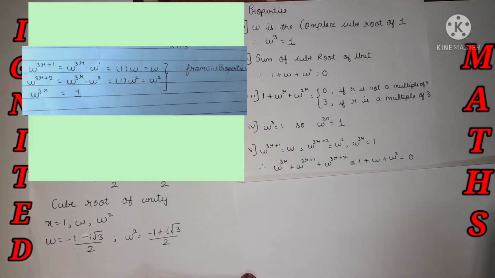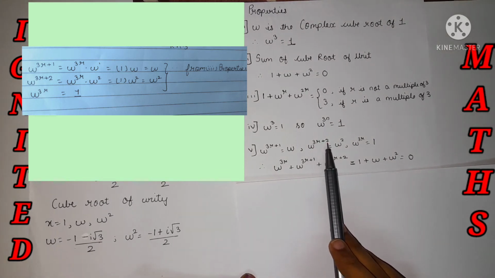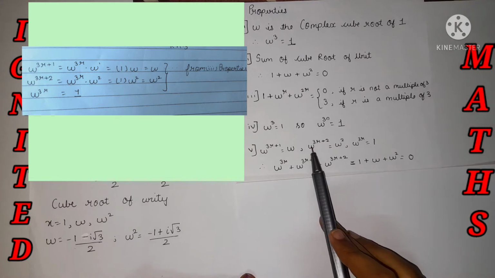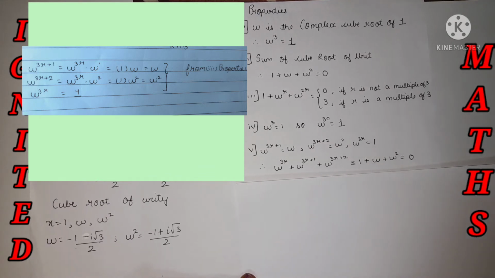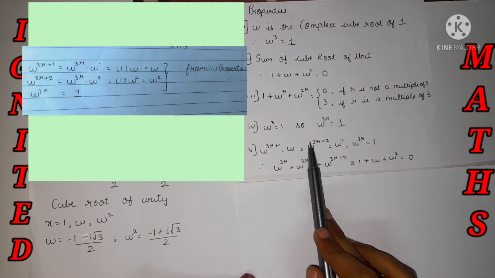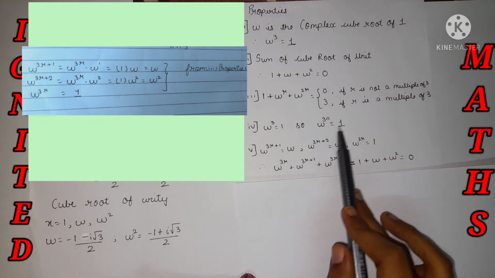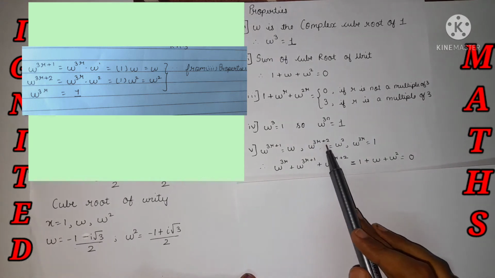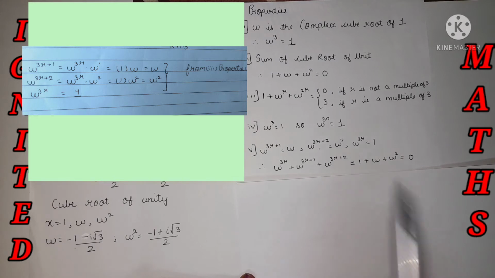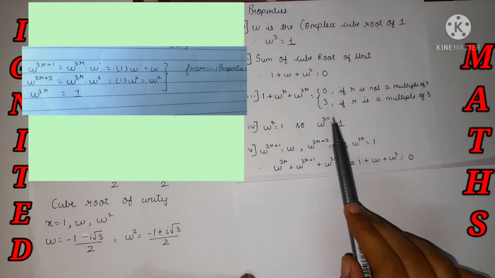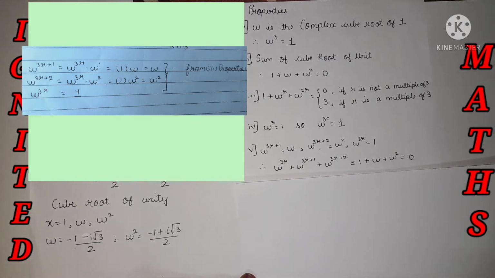Now the next. Omega raised to 3r plus 2. Just split it: omega raised to 3r dot omega square. Omega raised to 3r is already 1, and this omega square, just put it over here. Now this r is nothing but the same. Okay, r means 1 till any number, 20, 30.